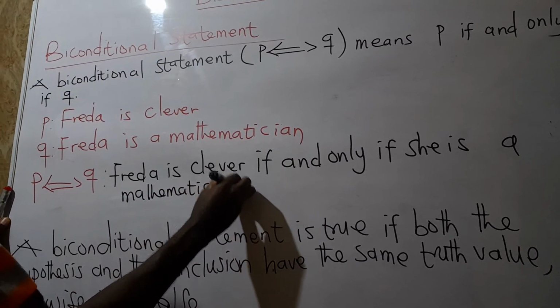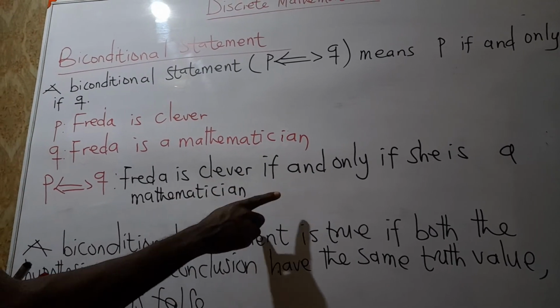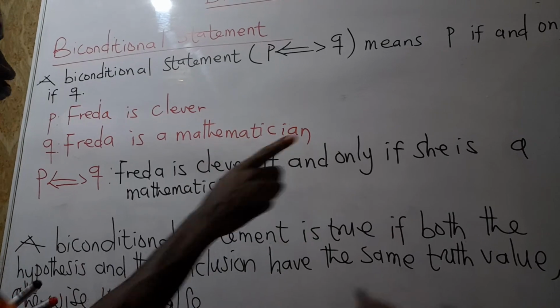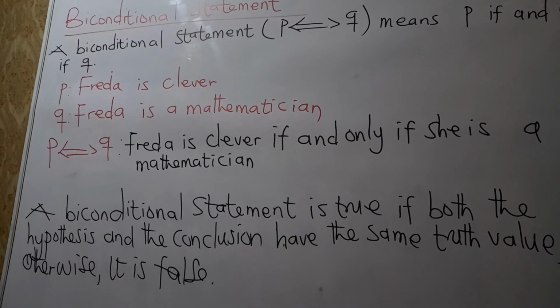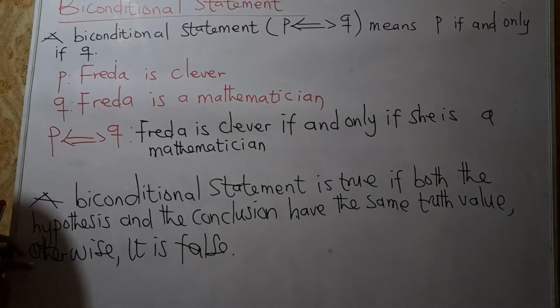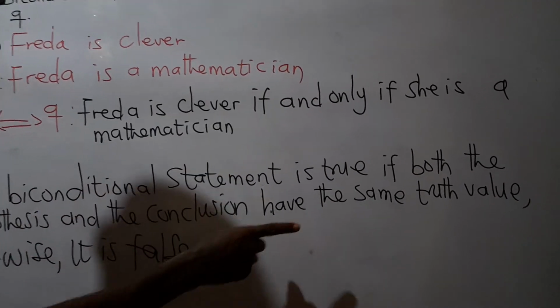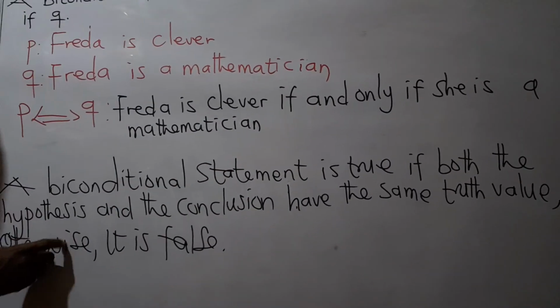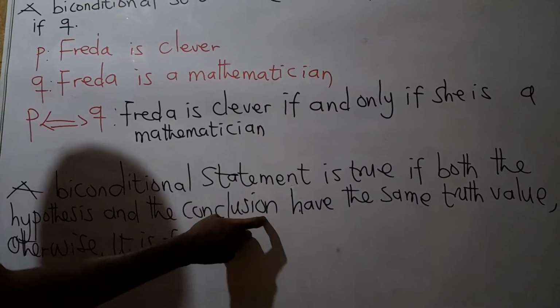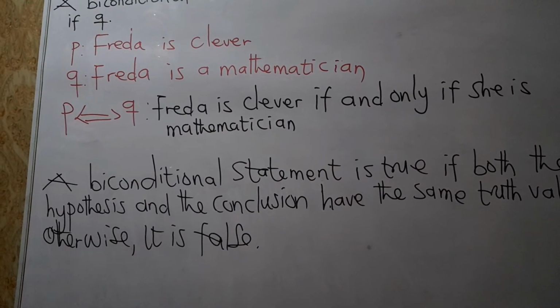So anytime you meet a statement like that, Frida is clever if and only if she is a mathematician, then that statement is a biconditional statement. And we say that a biconditional statement is true if both the hypothesis and the conclusion have the same truth value. Otherwise, it is false.